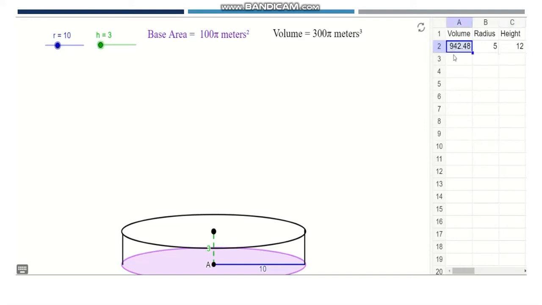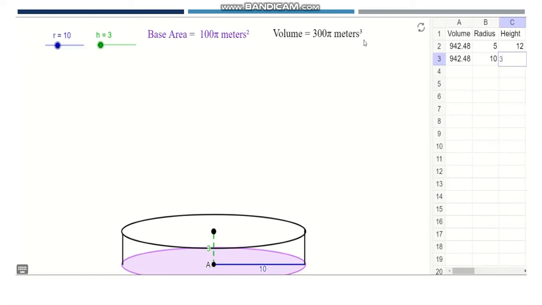It's also 300π. Our radius was 10 and height is 3. As you see, our two variables change, but our volume stays the same, 300π cubic meters.